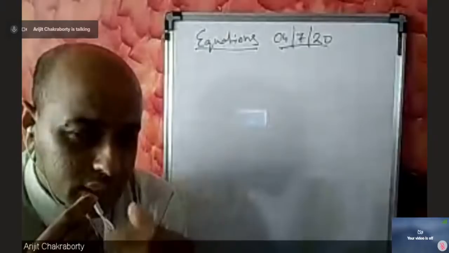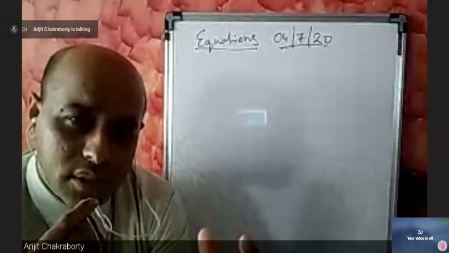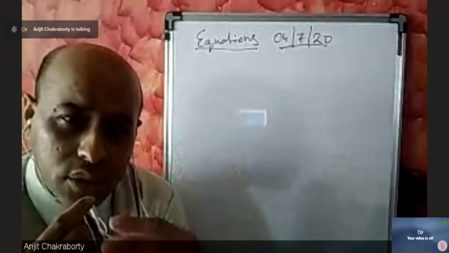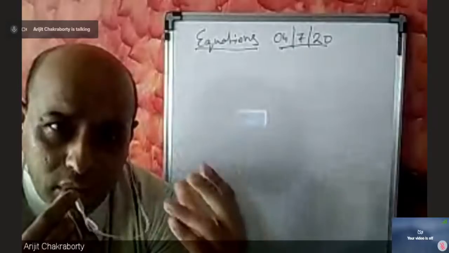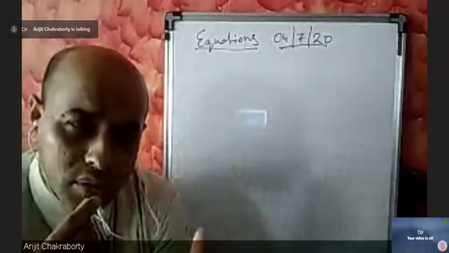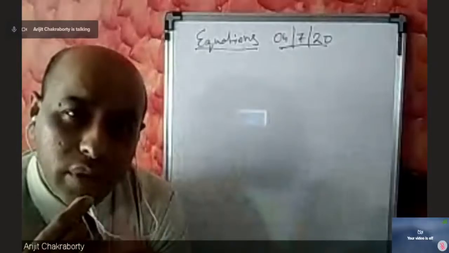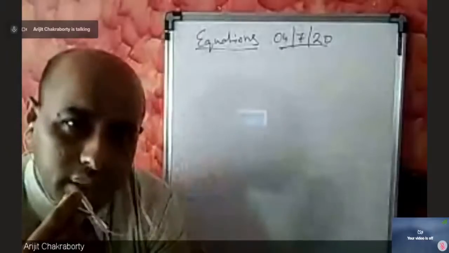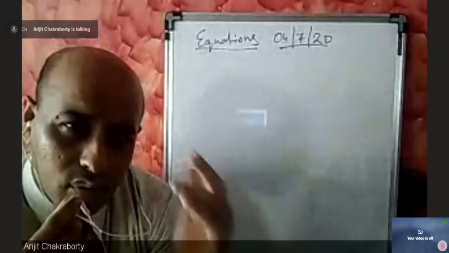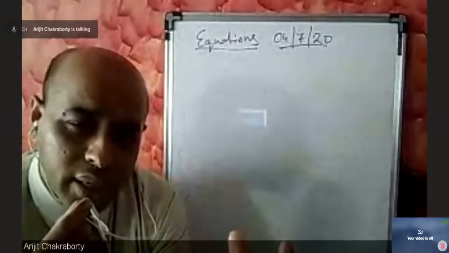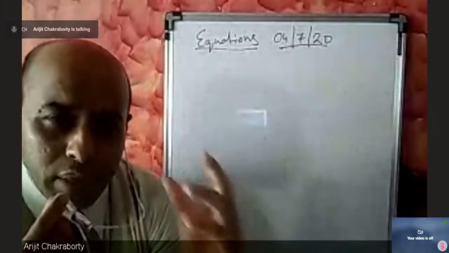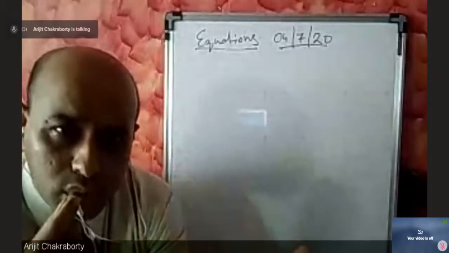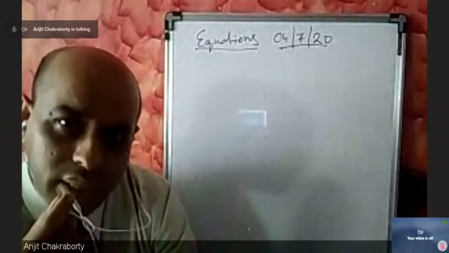Now, friends, the world of science and mathematics says that to every action there is an equal and opposite reaction. And in accounts we learn that to every debit there is an equal and opposite credit. So dear friends, finance, accounts, mathematics and science are all the same. The principles are the same. The logic is the same. Only the use of tools and principles possibly is a little different.